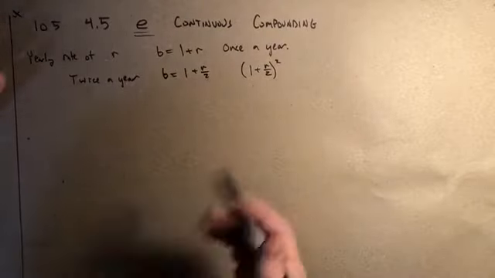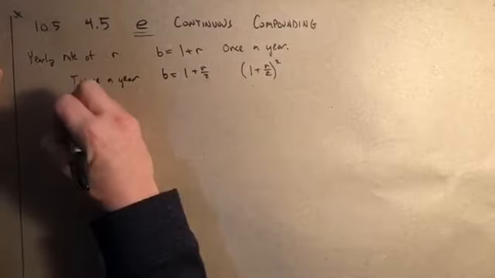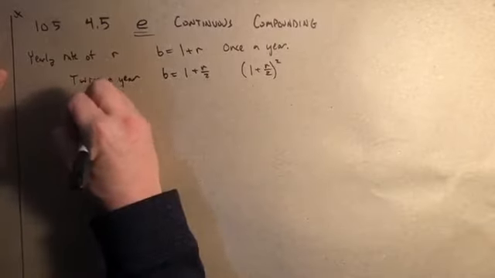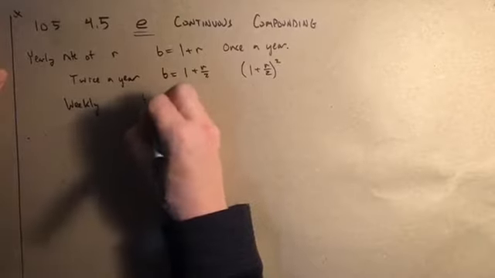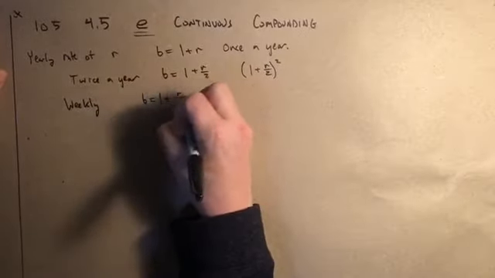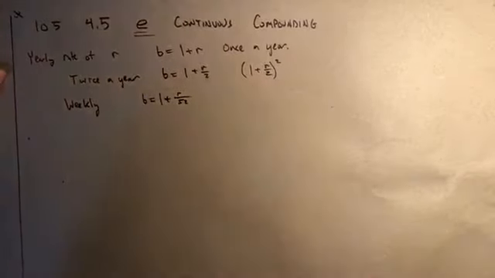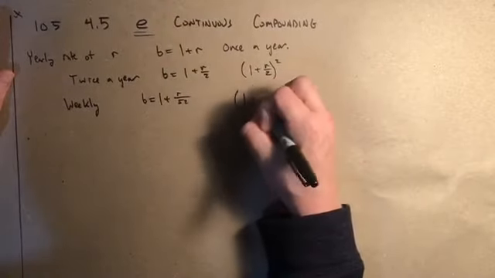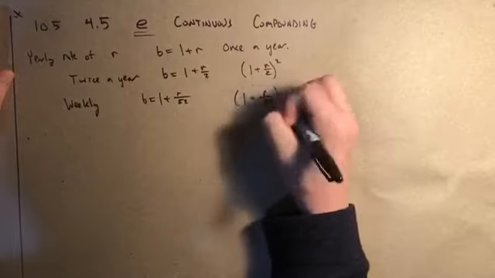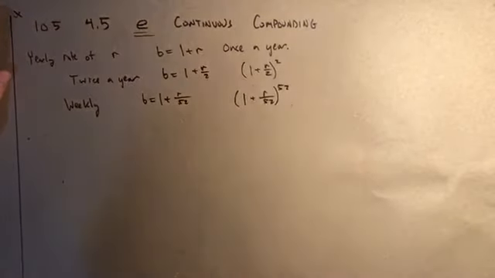If I was going to do this again, but look at something like weekly, I would have b equal to 1 plus r over 52, because there are 52 weeks in a year. And if I went for a whole year, I would have to raise that to the 52nd power.